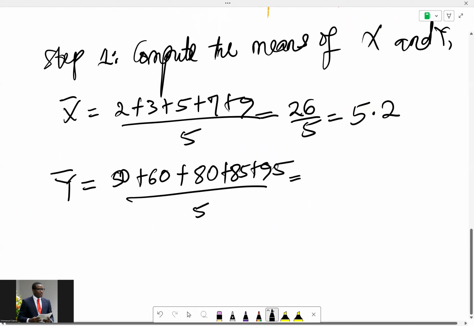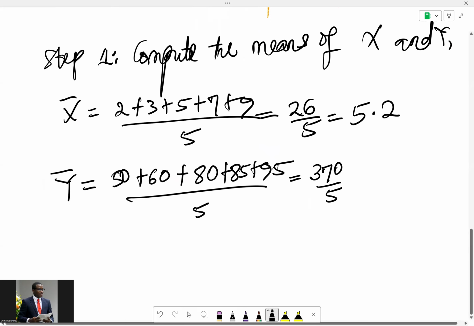That's 50 plus 60, 110. 110 plus 80, 190. 190 plus 85 is 275. 275 plus 95, that's 370, I believe. That's 370 divided by 5.